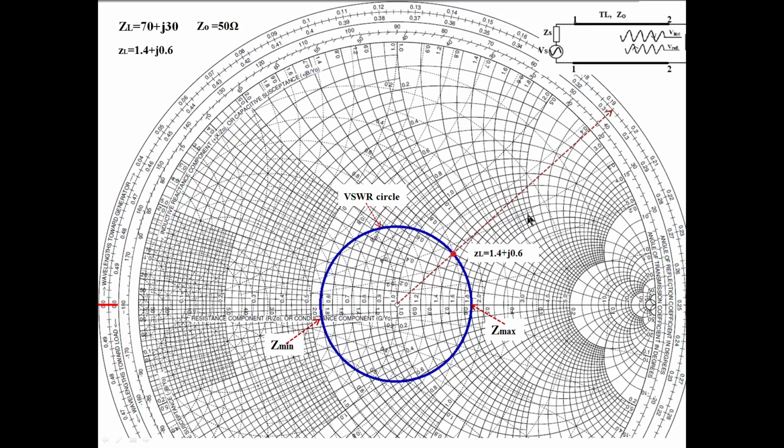Okay, fine. So next, what we studied in the earlier class: how to mark the impedance, and how to obtain the equivalent admittance. That we studied. Now today we will see another application of a Smith chart.